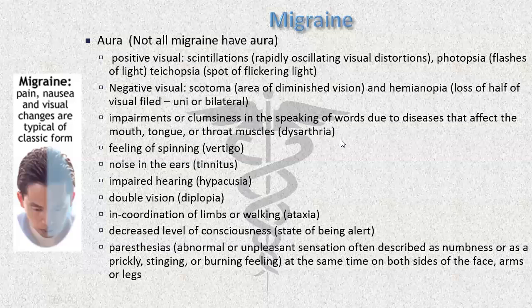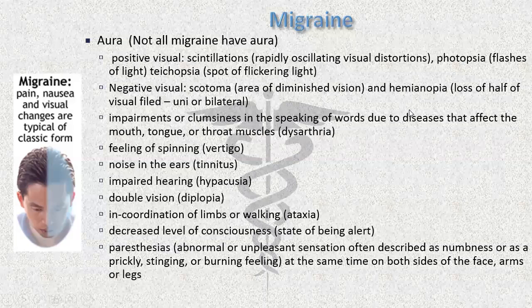One of their features is that if you have aura, then it is pretty much definitive for migraines. However, not all migraine sufferers will experience aura. Aura is basically some kind of sensation that occurs almost like a warning that you're about to have a migraine.